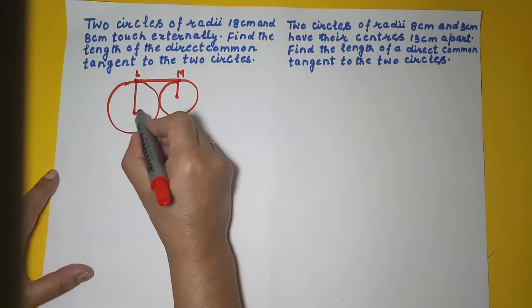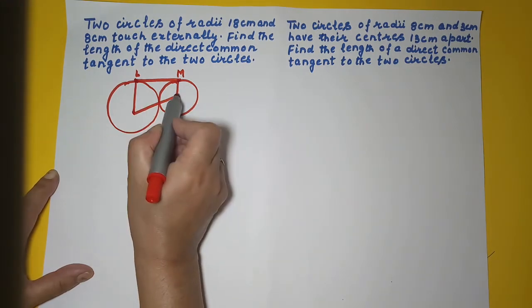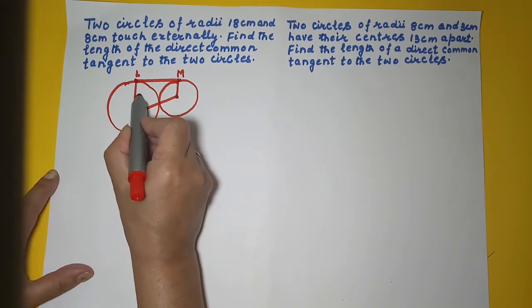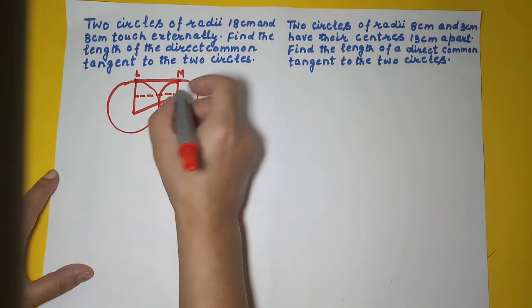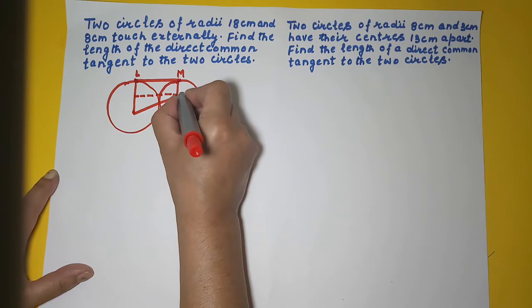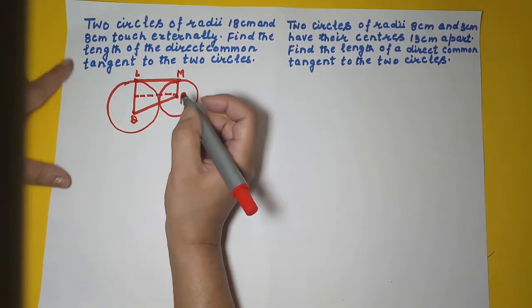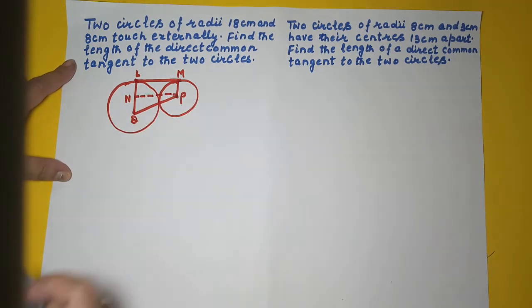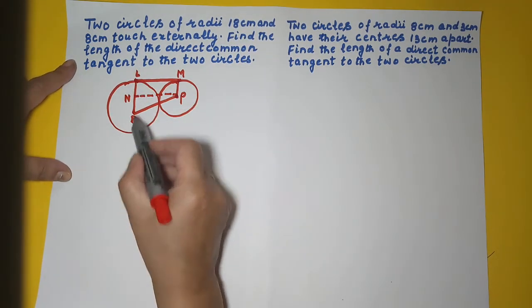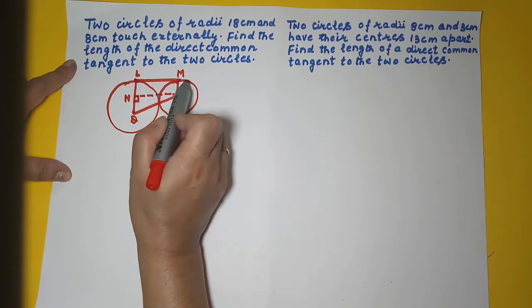So if I join their centers like this and then drop a perpendicular here like this, if this is P, if this is Q, and if I'm dropping PN as perpendicular to this side, LM I have to find, right?